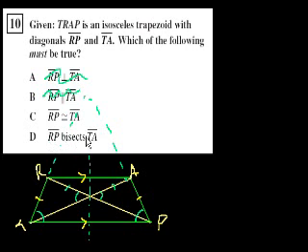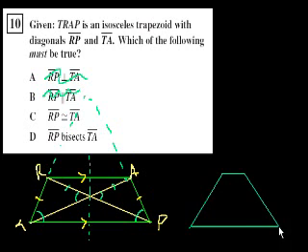And then D, RP bisects TA. And I think there again you can show that if I were to draw this trapezoid slightly differently, if it looks something like this. Let me draw it like this. If this was the trapezoid, and then this is also an isosceles trapezoid, and then the diagonals would look like this.